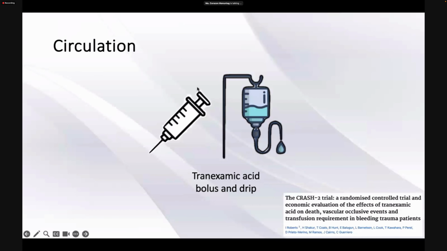So also under resuscitation in your circulation, you have to know that the ideal delivery of your tranexamic acid will be a gram bolus followed by another gram delivered over 8 hours. Yung ginagawa natin usually na 2-gram bolus is actually from the military standpoint, but in your ATLS, it's actually a gram bolus followed by an 8-hour drip.